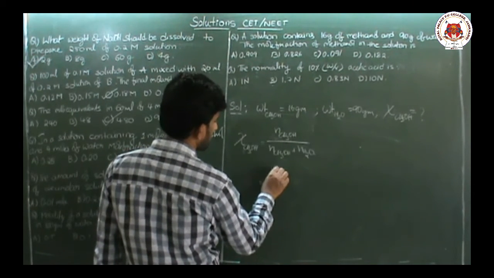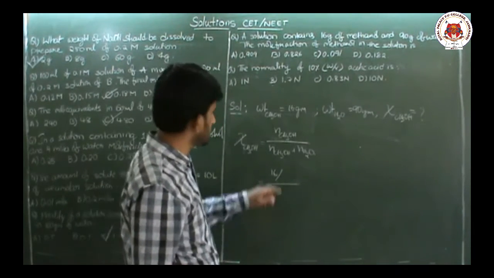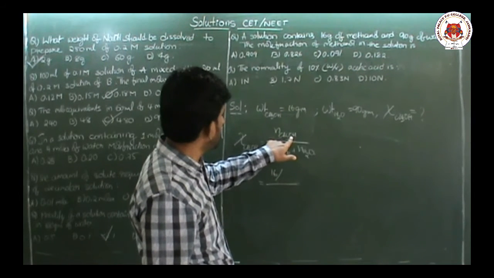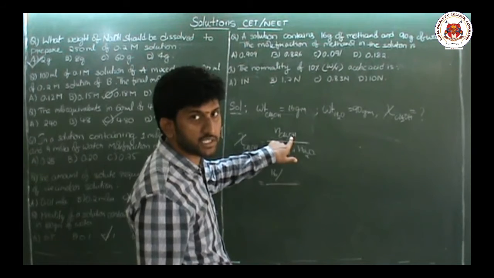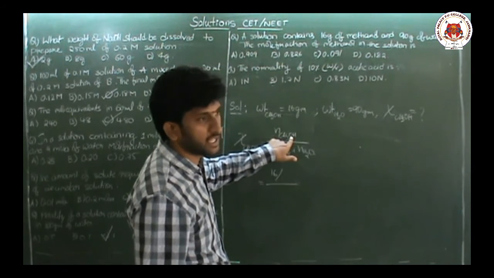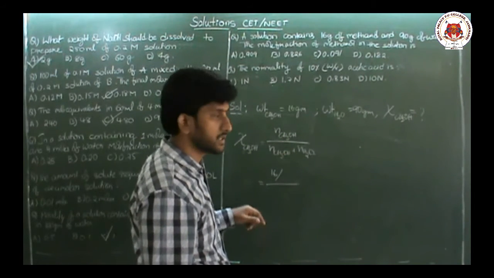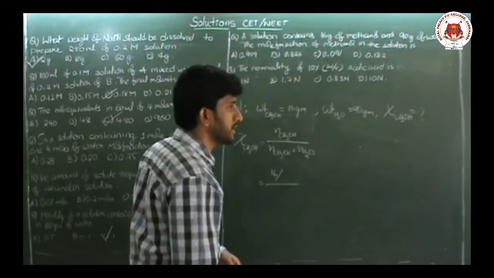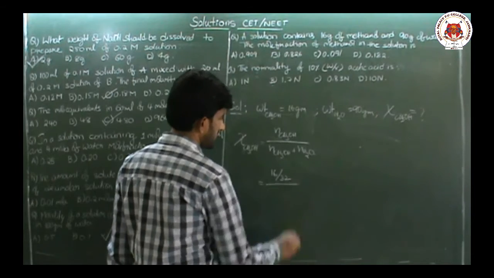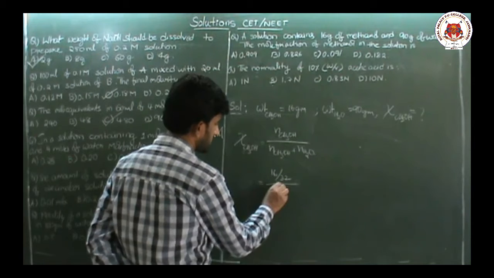What is the molecular weight of methanol? 1 carbon 12 and 1 oxygen is 16. 12 plus 16 is 28. 28 plus 4 hydrogens is 32. Number of moles of methanol is 16 by 32.